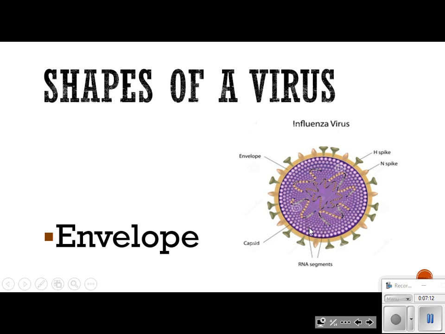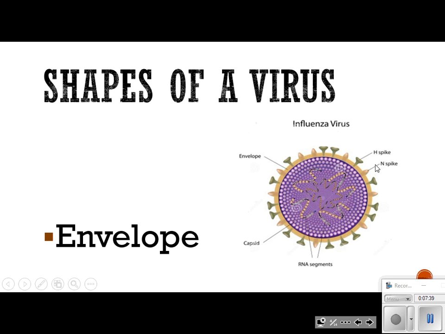We can see different RNA segments in here. And these little purple dots are the capsids. Now, right here, these different spikes, and we're not going to go into this in depth, but have you ever heard of the H1N1 virus? Okay? That was not too long ago, wasn't it?